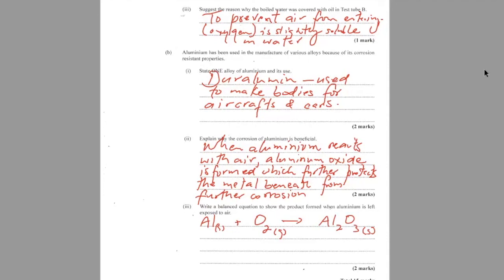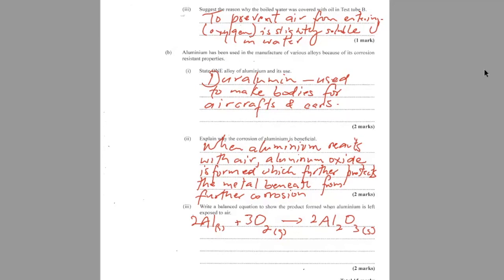So in order to balance, let's start with 2 aluminum on the left, 2 aluminum on the left, 2 on the right. So we have 3 oxygen on the left, 2 on the right. LCM of 2, 3, 6. So we'll need 3 right there, and we need a 2 right there.